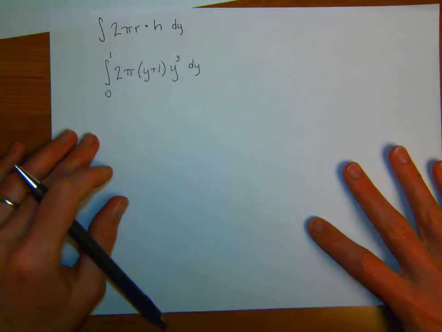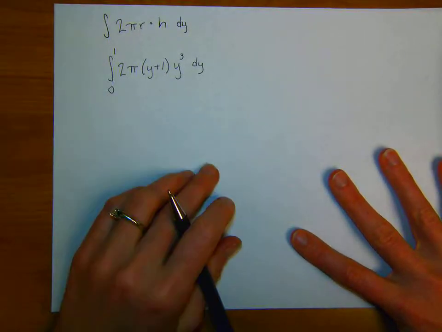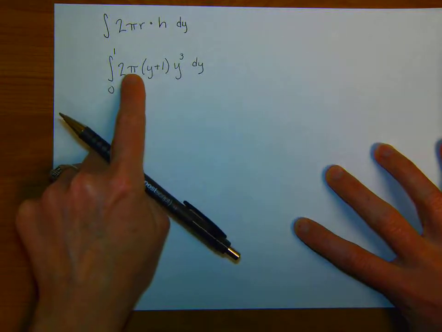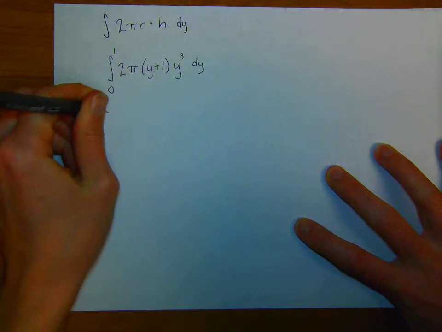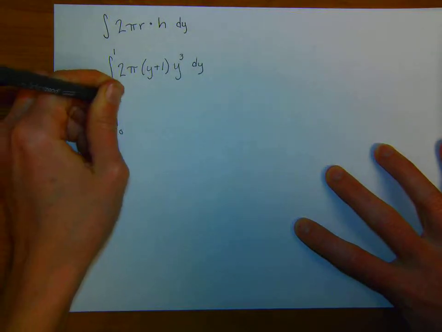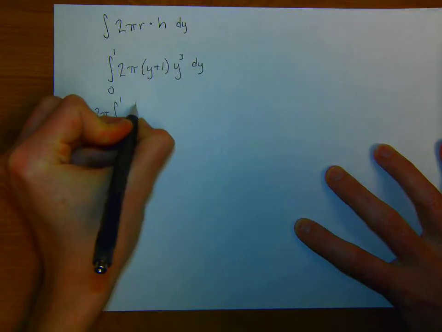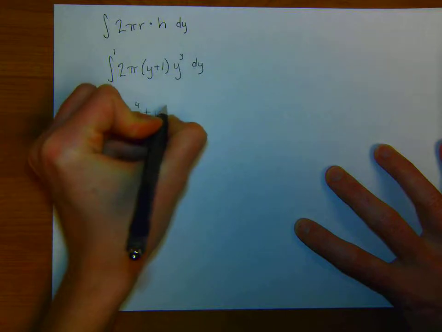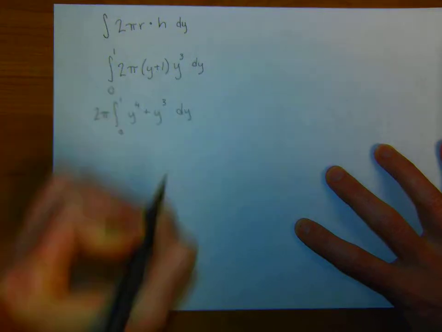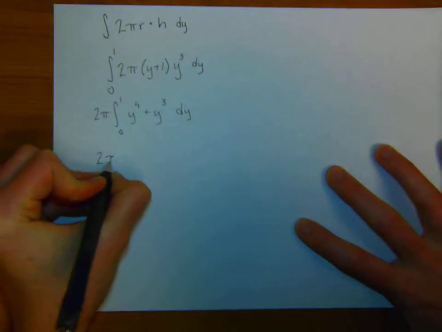But now that we've done all of that hard work, the integration is actually the easy part. I have a constant of 2 pi that I can pull out front. Integrating from 0 to 1, I'm going to do the distributive property. This becomes y to the 4th plus y cubed dy. Let's integrate.